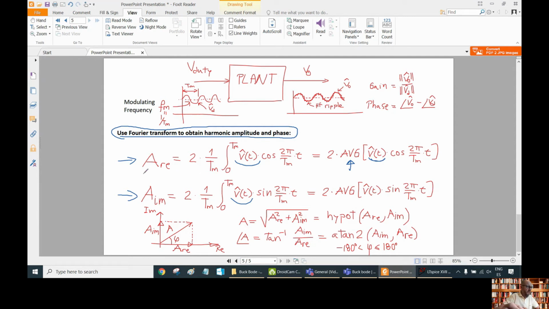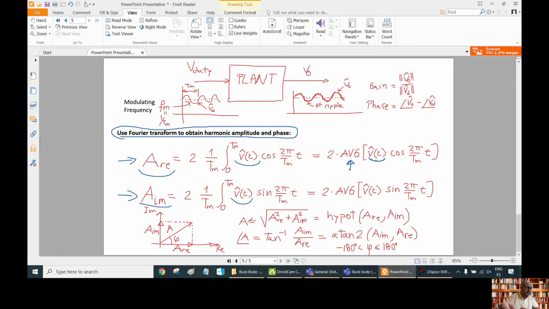Once we have the real part and the imaginary part, it is very easy to obtain the amplitude and also the phase. Remember that the amplitude is just the square root of the addition of the two parts, real part and imaginary part, squared.